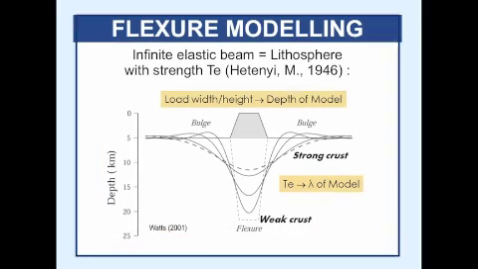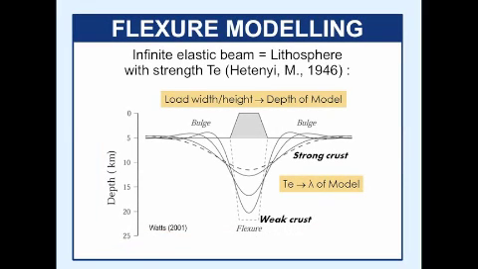When we do flexure modeling, you can see here, we assume that the lithosphere is an infinite elastic beam with a strength TE. In this image, the horizontal line that is bending down is the lithosphere, and the gray square is the load on the crust, and it's causing this bending. The height of the load and the width of the load will affect the depth at which this elastic beam is bending.